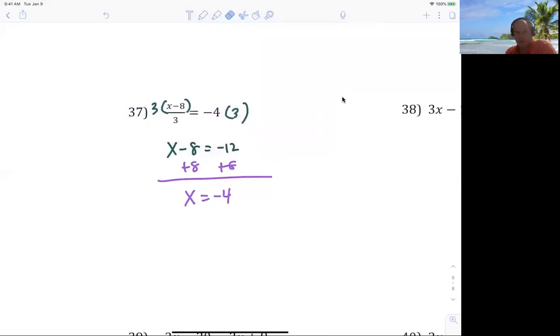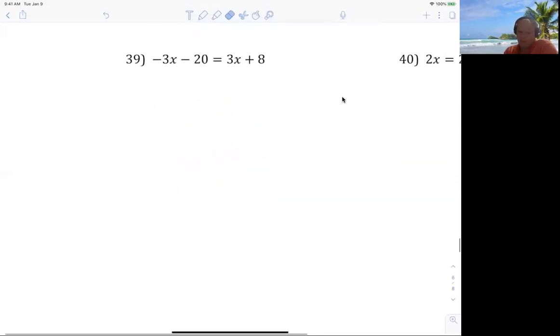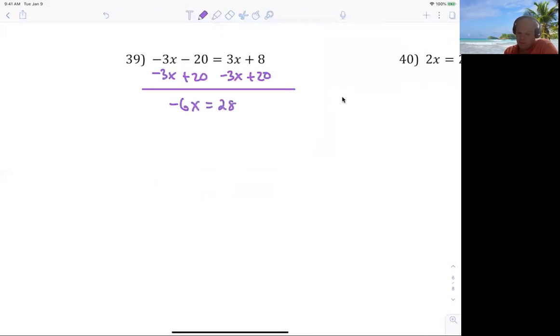Let's check out number 39. All right, variables to the left, -3x. Numbers to the right, add 20. -6x equals 28. Divide by -6. X equals -28 over 6, which reduces by 2 to negative 14 thirds.